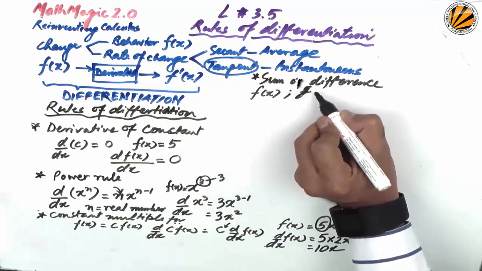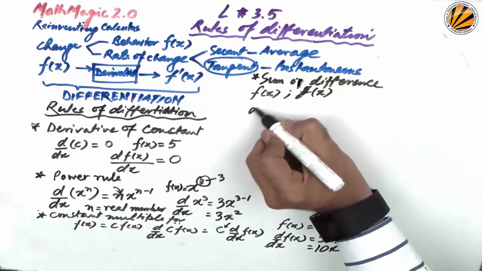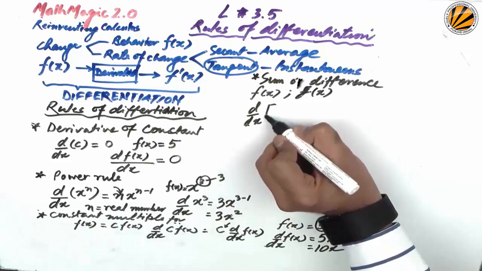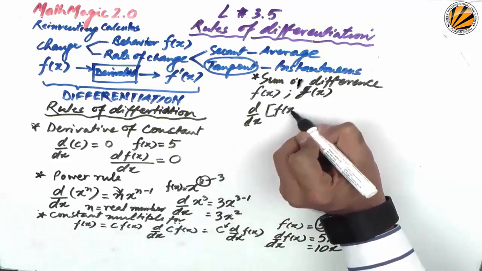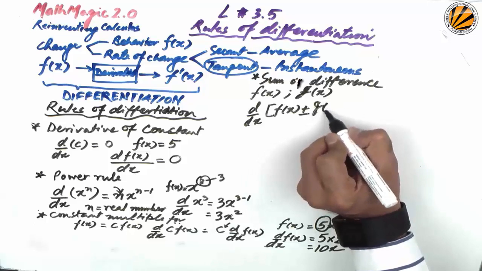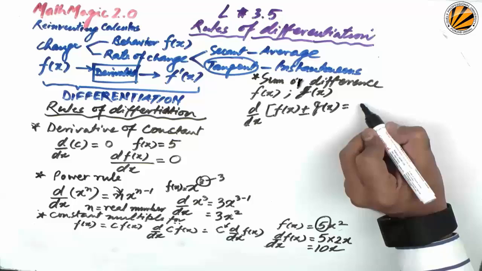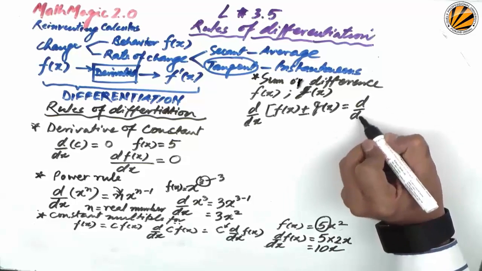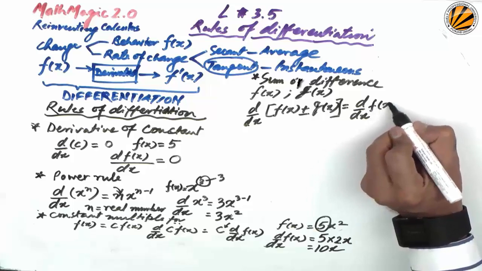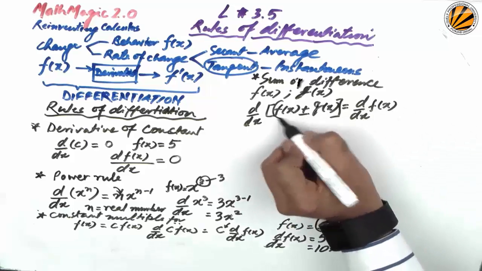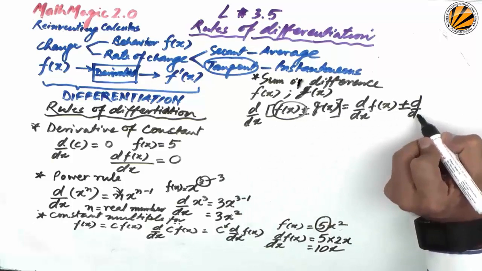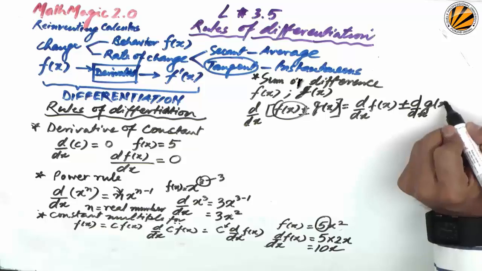Now it says that the derivative of the sum of these two functions, f(x) plus or minus g(x), would be equal to, you can separate them out in such a fashion, the derivative of the first function plus or minus the derivative of the second function.